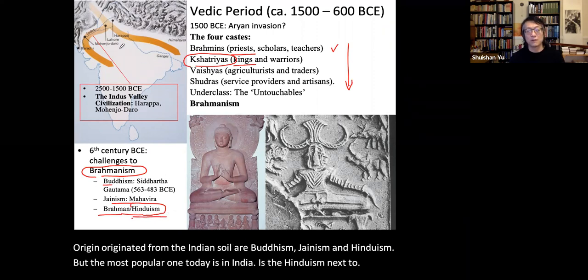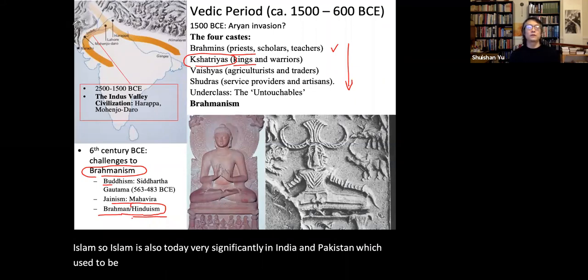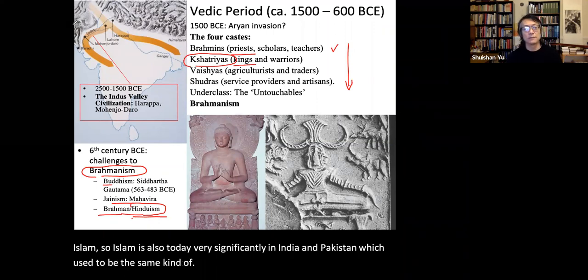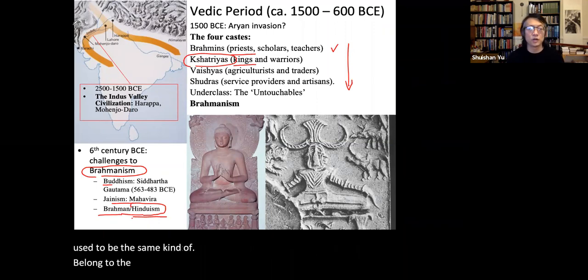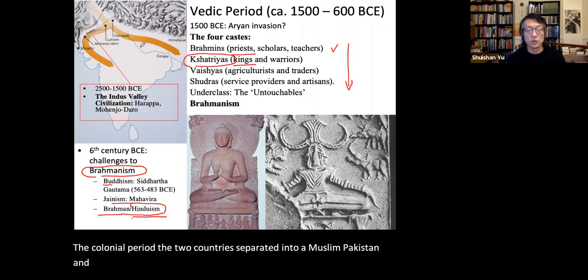So Islam is also today very significant in India and Pakistan, which used to belong to the same British colonial governance. But after the colonial period, the two countries separated into a Muslim Pakistan and a Hindu India.